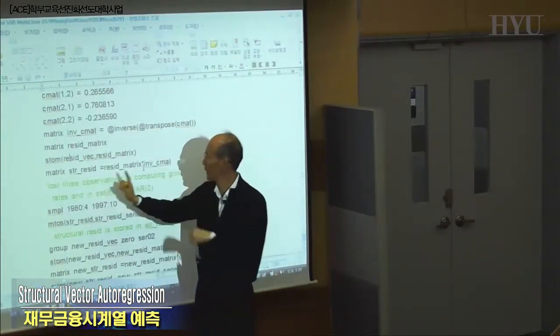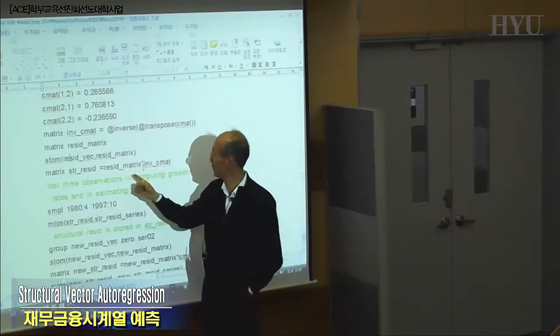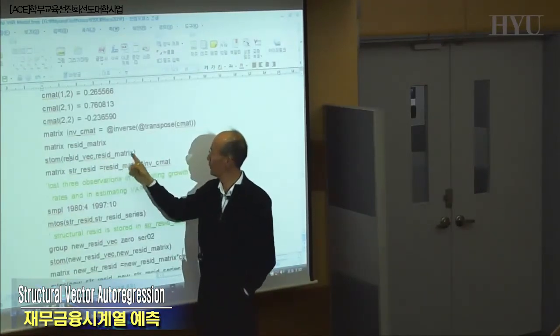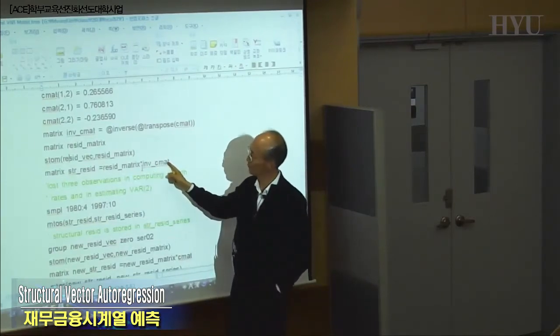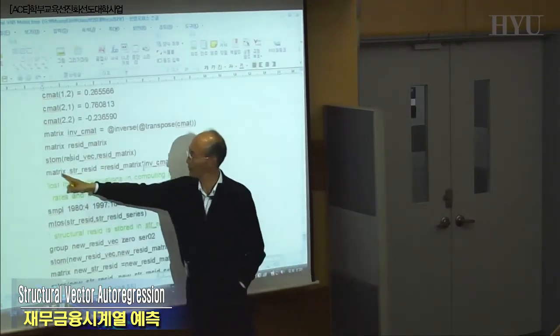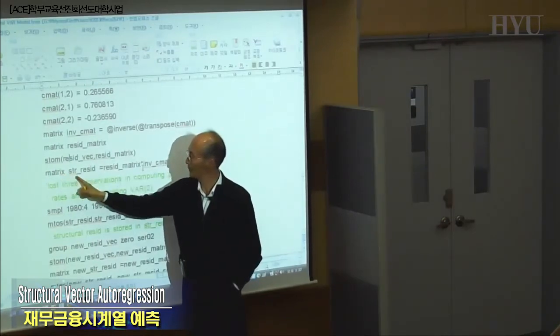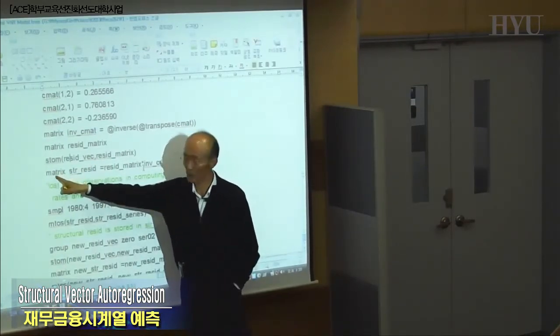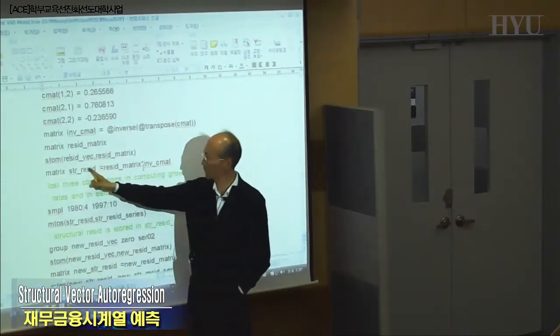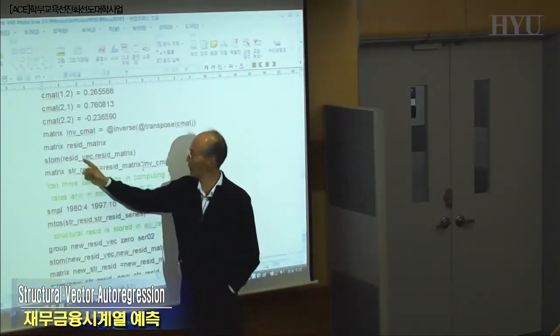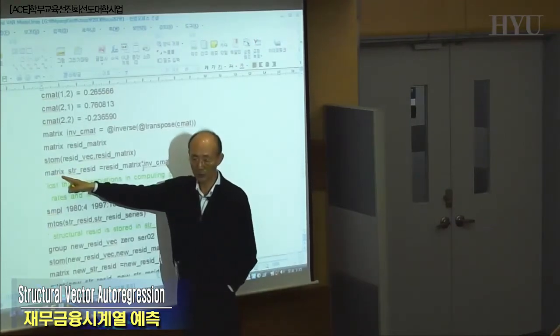And then I operate matrix manipulation here. This times inverse C0 is the STR residual, but that's another matrix, right? So matrix times matrix is matrix, but this hasn't been declared, so I use this matrix declaration.